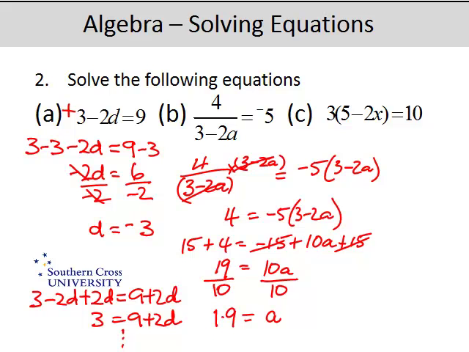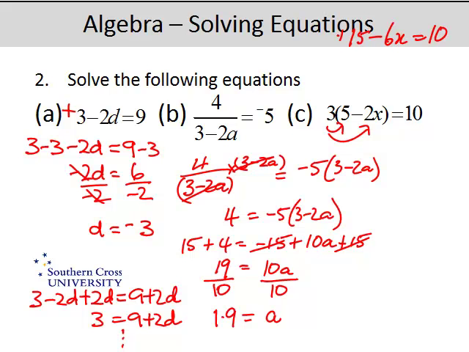Now the last question's a little bit trickier because this time we have to expand the brackets and we're going to have a negative coefficient in front of the x to deal with. I'm limited with space here, so I'm going to work above. 3 times 5 is 15. 3 times minus 2x is minus 6x, and that equals 10.